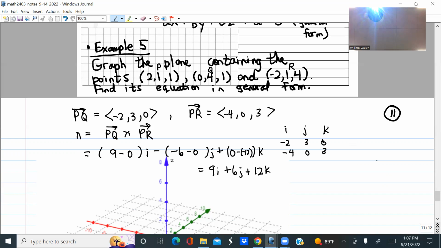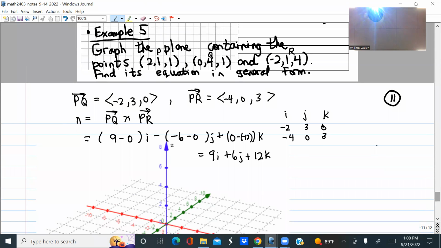There's your normal vector, or a normal vector. There are lots of normal vectors. Any vector parallel to this one would be a normal vector, but that will do. So what's the formula? So easy to write down now. We can use this first point.